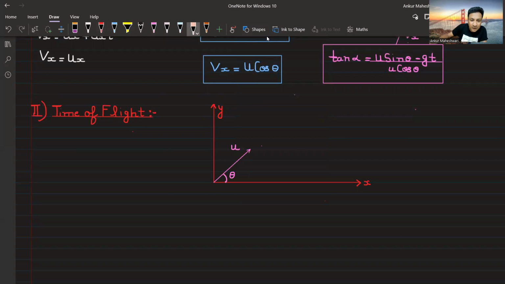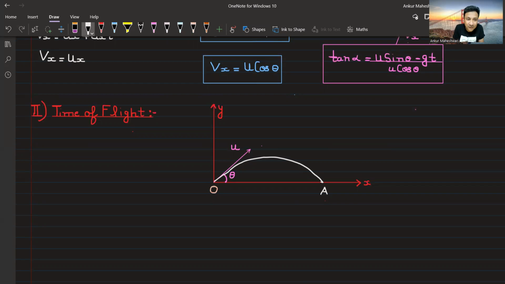Okay, this is my point O. So the body will follow a path like this, and suppose it strikes at this point A. So what is time of flight?